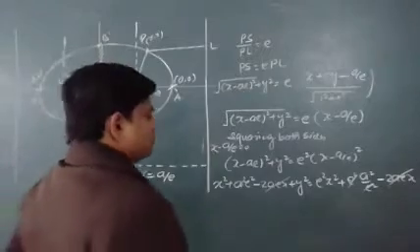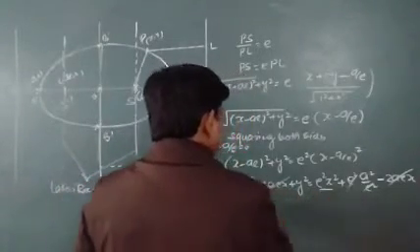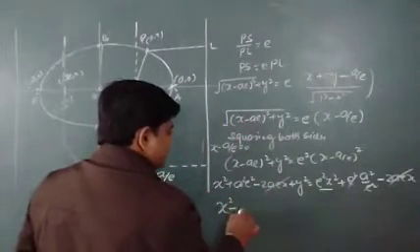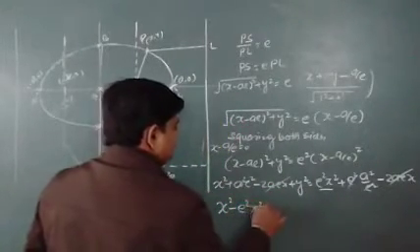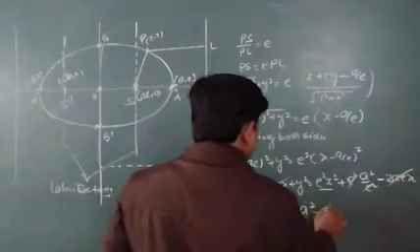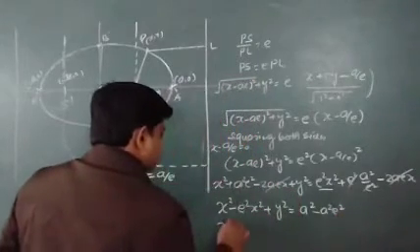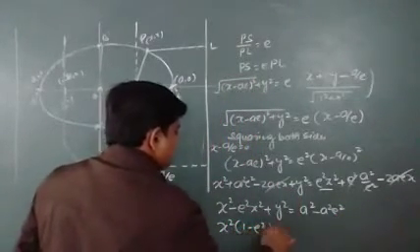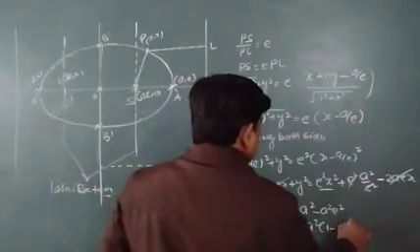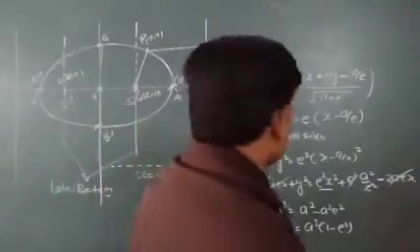Simply, this one I will transpose to this side and a² to this side. So x² - e²x² + y² = a² - a²e². If I take x² common, definitely (1 - e²), y², then a² common and (1 - e²).